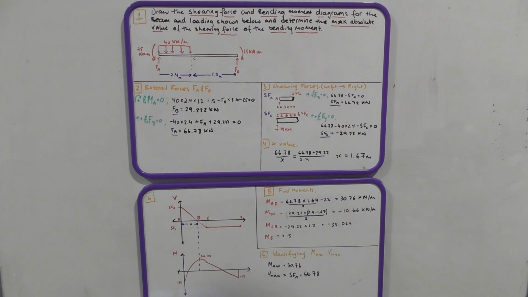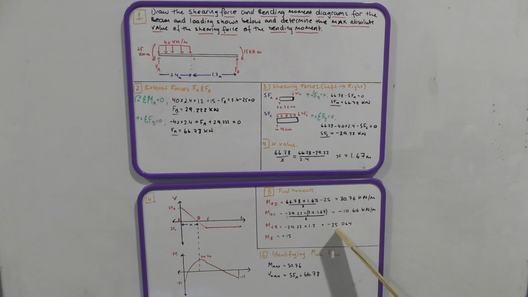And then to completely finish off, the question asks for the max absolute value of the shearing force and of the bending moment. M max is that 30.76. The reason it's 30.76, not 35.064, is because I've separated this component and this component in order to show in an easier way how this is drawn.